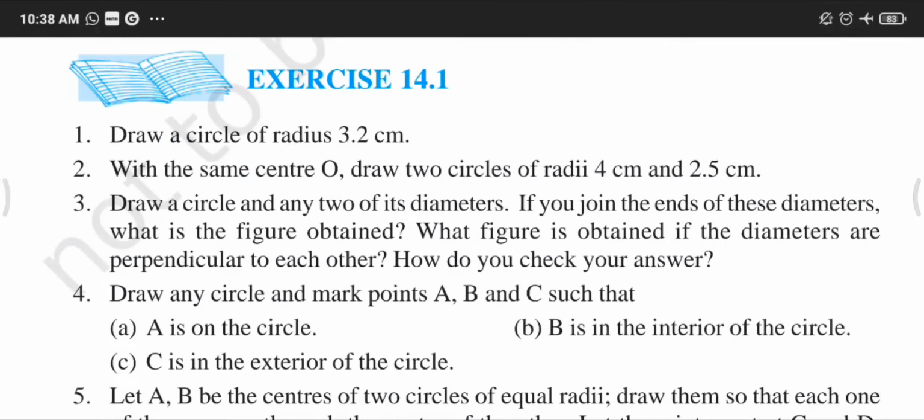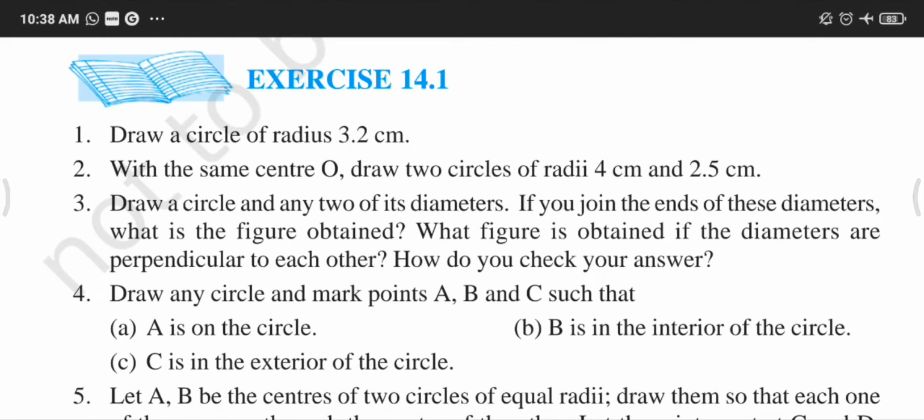Now this is question number 3. Draw a circle and any two of its diameters. If you join the ends of these diameters, what is the figure obtained? So here first of all we will draw a circle, then two diameters, then we will join the ends of these diameters, and then we are required to write which figure is obtained, कि कौन सी figure जो है वो diameters के end points को join होने के बाद आ रही है.